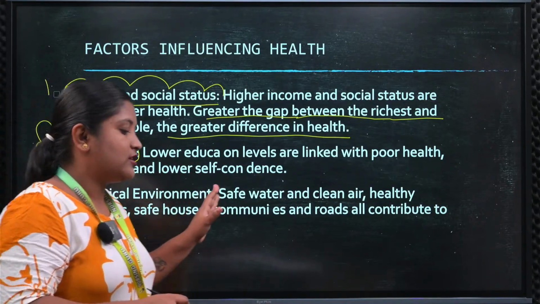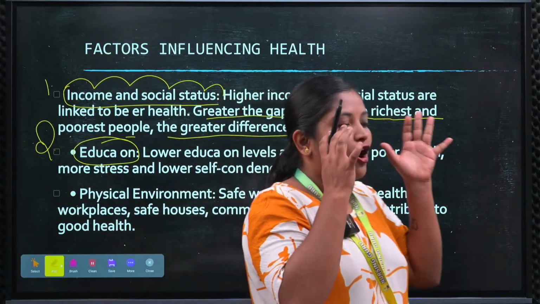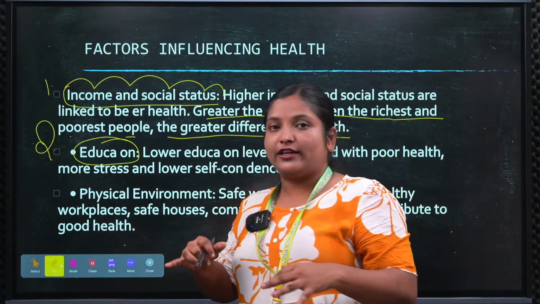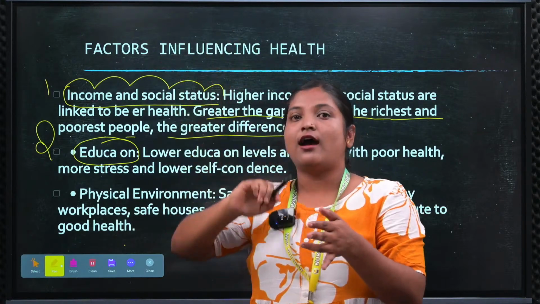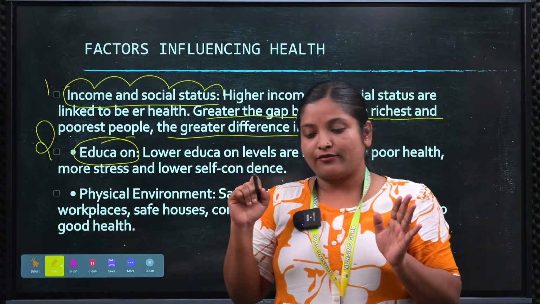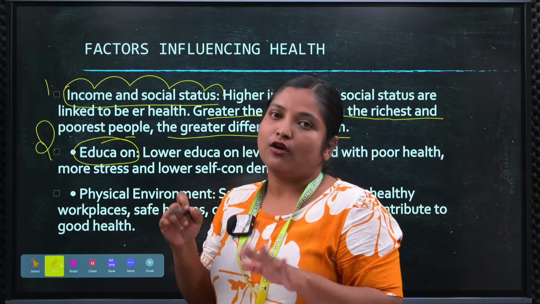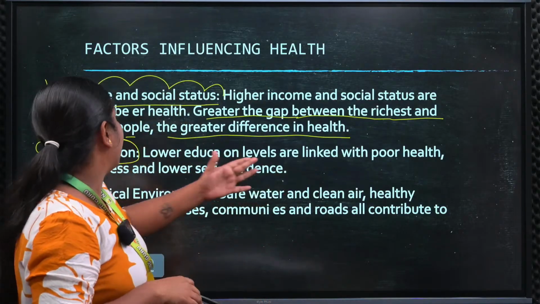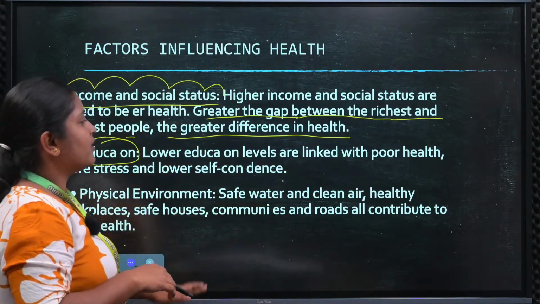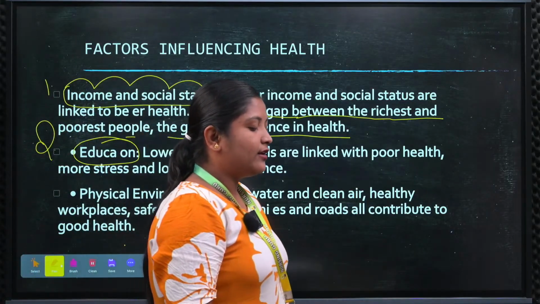Why? Because if you do not have proper knowledge about your health, you are definitely prone towards premature death, which we have discussed in the illness and wellness continuum. Poor health also brings more stress and lower self confidence, which is very important.